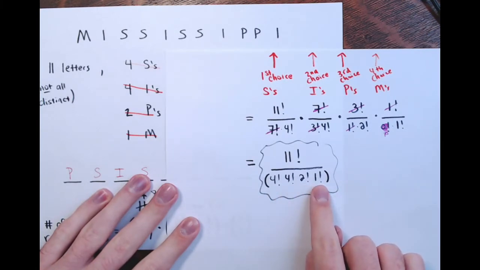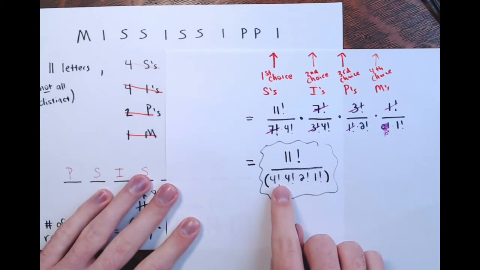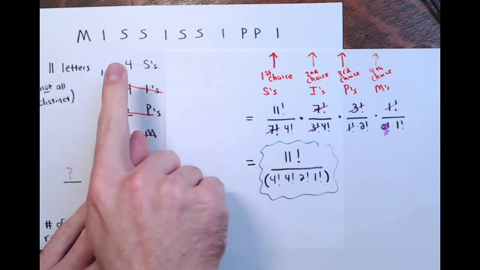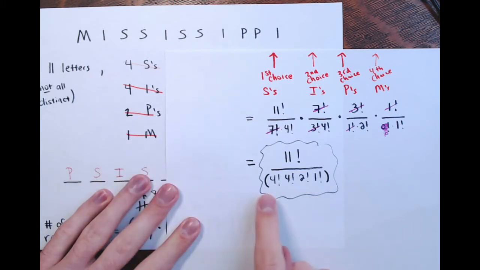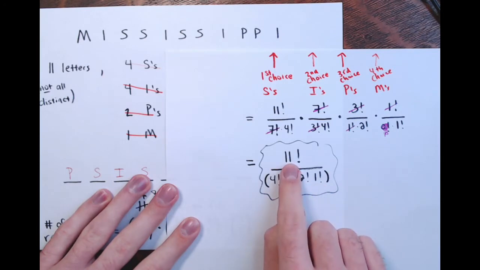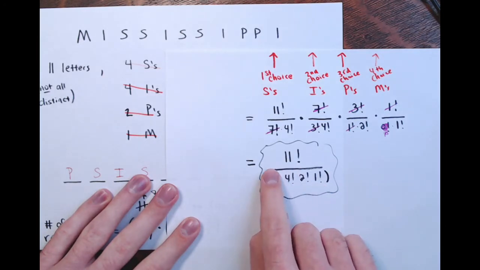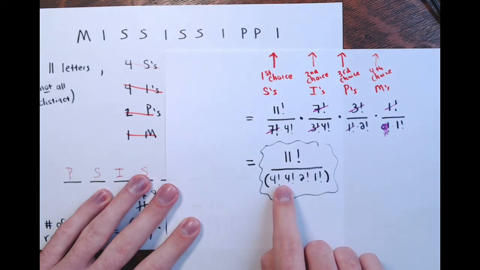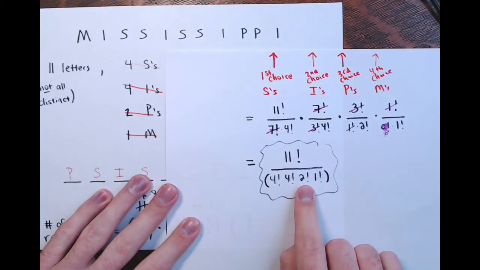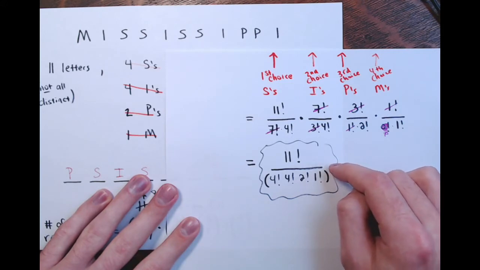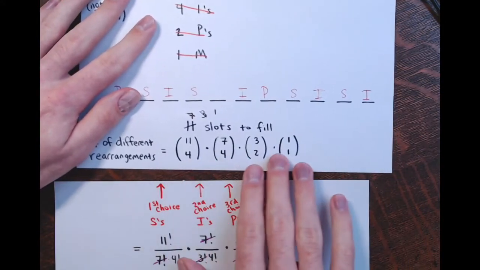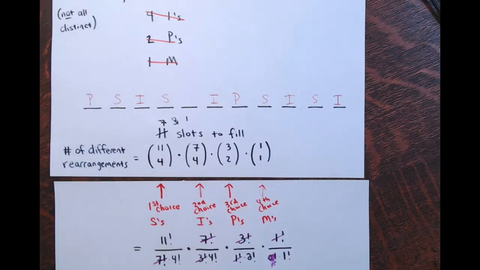And then look at all these factorials in the denominator. 4, 4, 2, and 1. 4 S's, 4 I's, 2 P's, 1 M. So it's like I'm rearranging the 11 letters, but then I divide it by 4 factorial for the 4 S's, 4 factorial for the 4 I's, 2 factorial for the 2 P's, and 1 factorial for the 1 M. So people tend to think that this is a much faster way of doing this than doing all this counting with the combinations and making the choices that I did earlier.